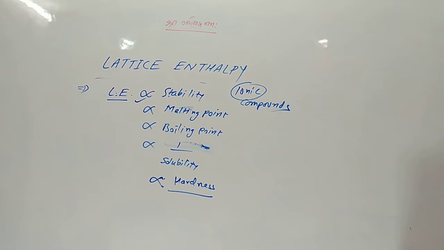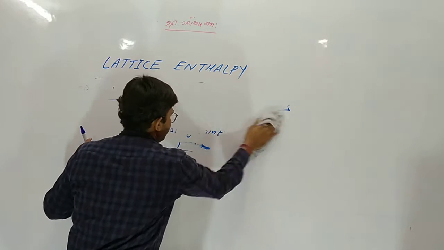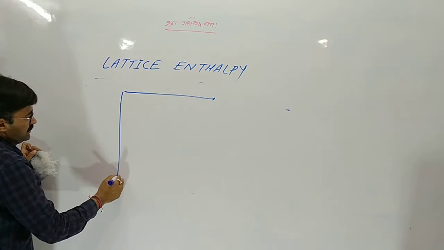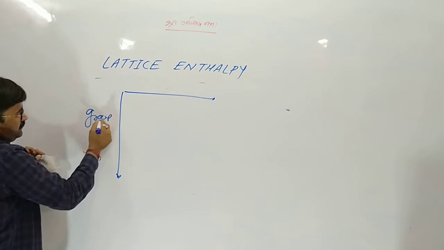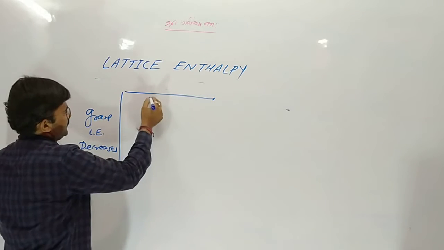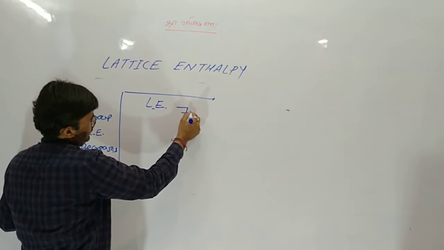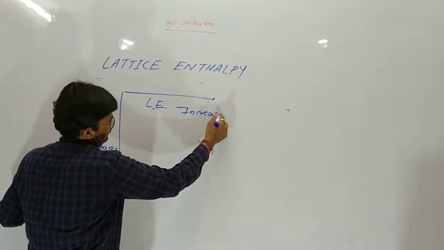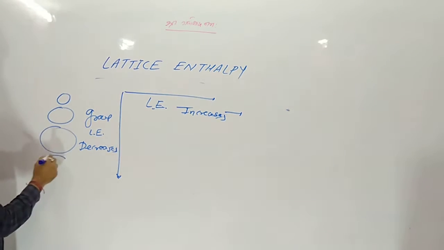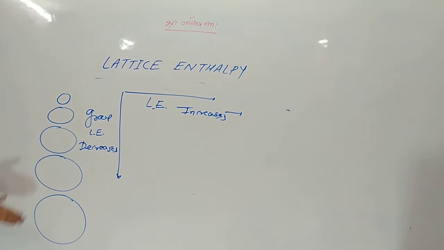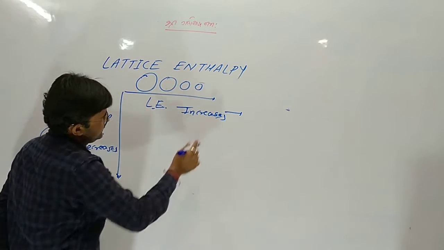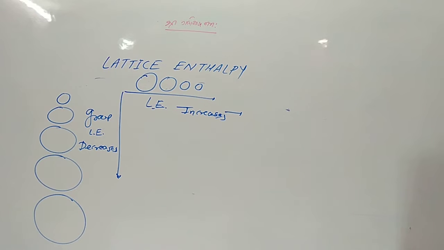Actually, the trend of lattice energy in a group from top to bottom decreases, but in a period it increases. The reason is that from top to bottom size increases, so lattice energy decreases, but in a period size decreases, so lattice energy increases.